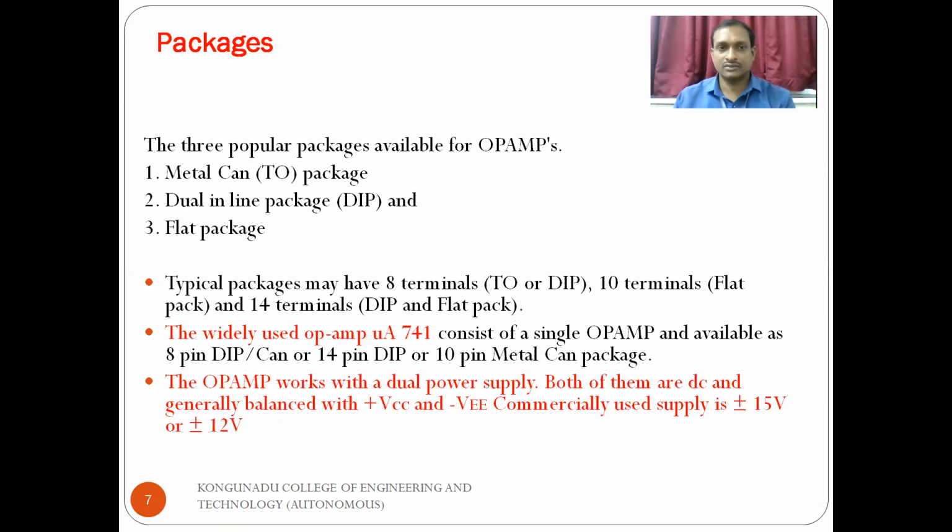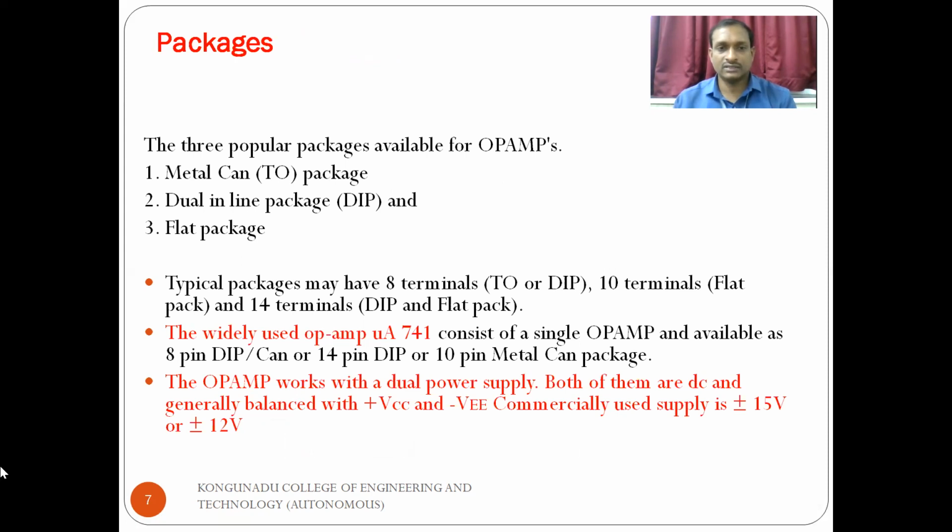Packages. Three different packages are available. One is the metal can TO package, another is the dual inline package, DIP, and the third is the flat package. These three different packages have different pin terminals.